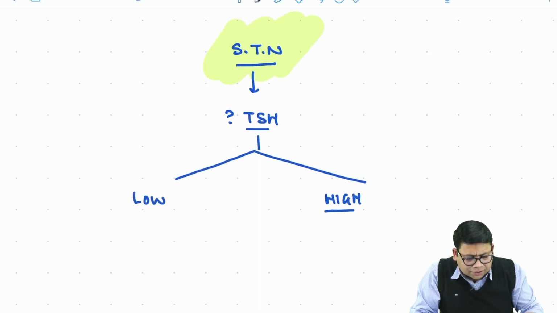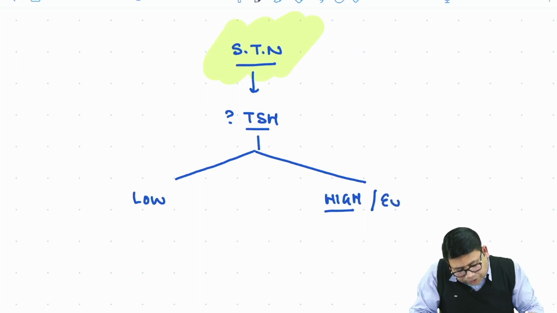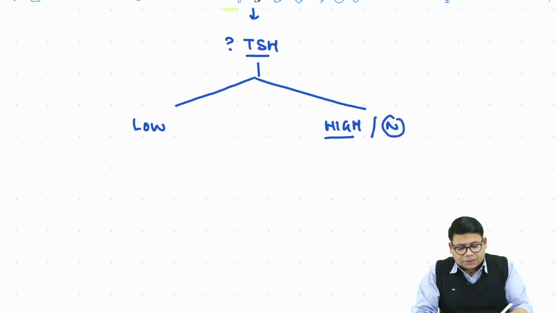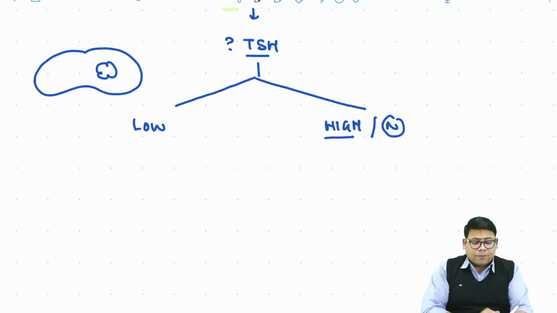High TSH means it is hypothyroidic. So in hypothyroidic patients, colloid nodules or goitrous colloid nodules are very commonly seen, or it could be euthyroidic patients, that is a normal patient with a normal TSH. Now try to understand, if it is a patient with low TSH, that means this is hyperthyroidism.